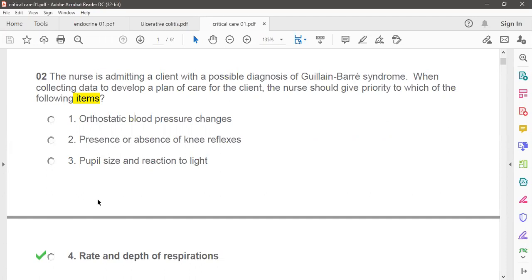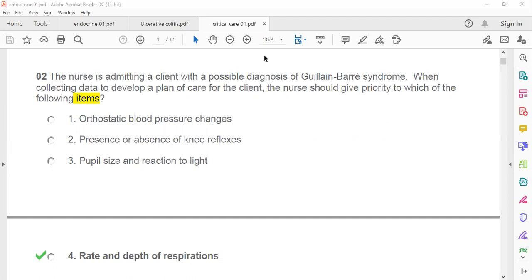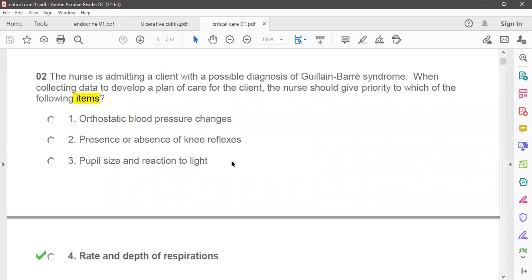So out of these, orthostatic blood pressure is not related to Guillain-Barre. Presence or absence of knee jerk: in any kind of neurological assessment, we must check reflexes in the body.